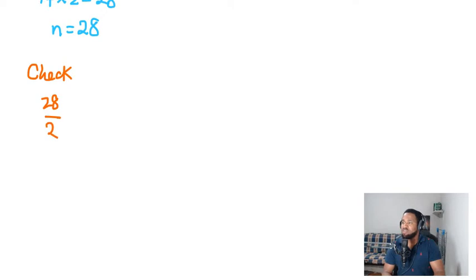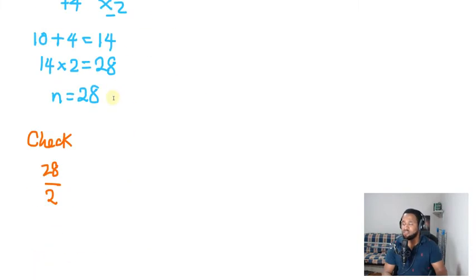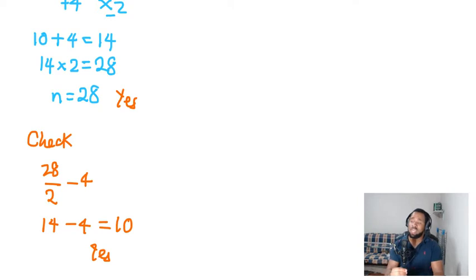It means 28 divided by 2, and take note here that we have to subtract 4. So 28 divided by 2 gives us 14. 14 minus 4 will give you 10. And so yes, n has to be equal to 28 indeed for our specific equation here to be true.